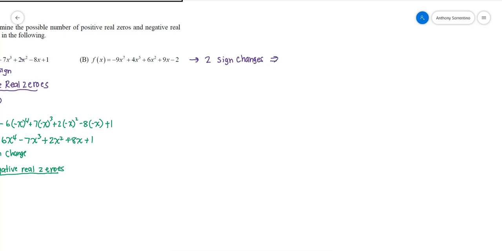That means that I have, as far as a possible number of positive reals, I have 2 or I have none. Now I'm going to do f of negative x.